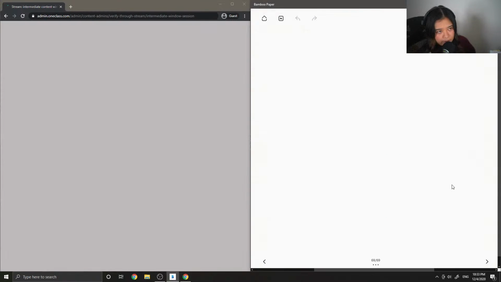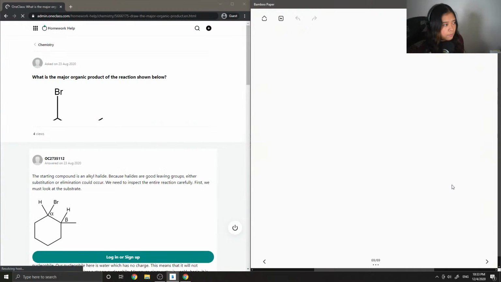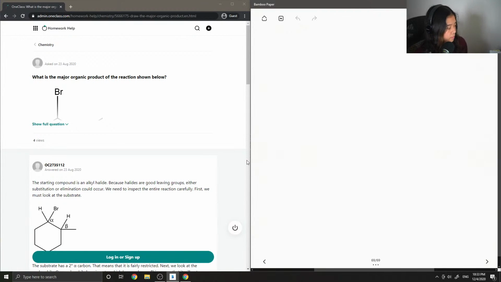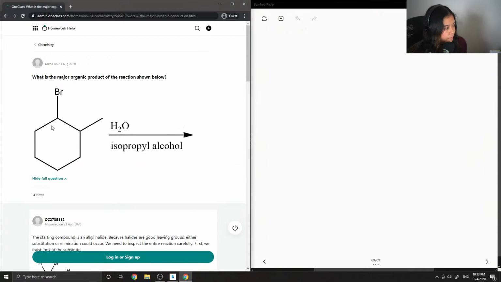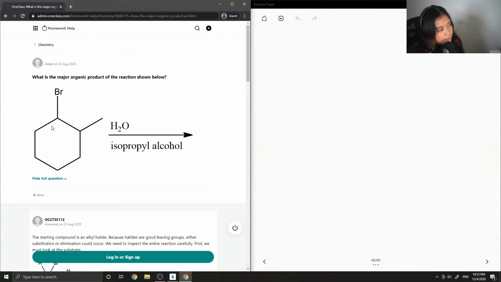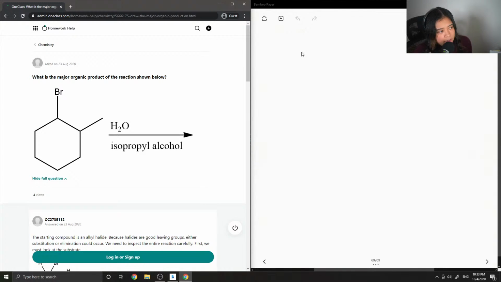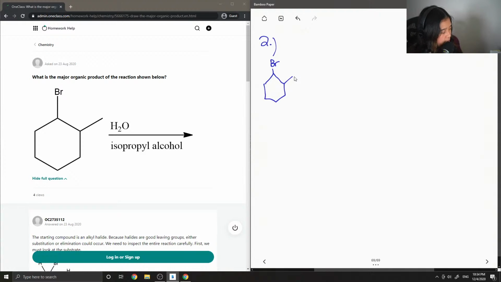Okay, moving on to question 2. What is the major organic product of the reaction shown below? So we have an alkyl halide reacting with water and isopropyl alcohol.